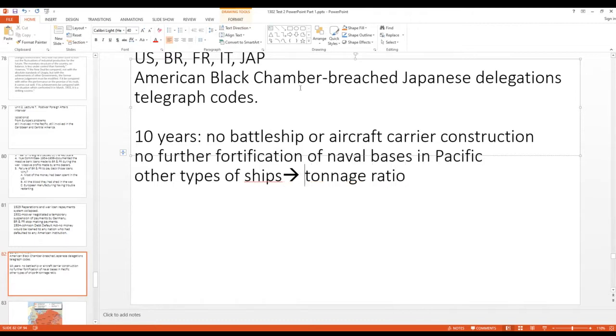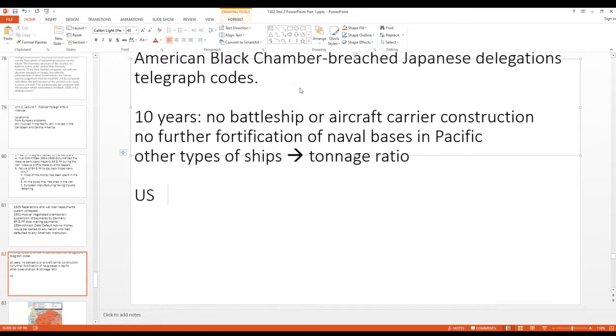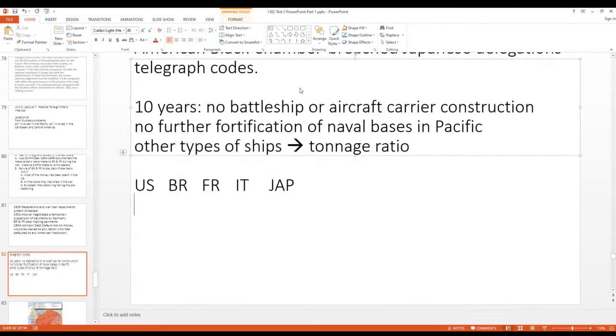So for every, let me go ahead and give you the numbers here. I don't know why I'm giving you the Italians, but I'll put it up there anyway. Now what? I forgot what France was. I think Italy was 1.5. I'm not even sure if Italy had a base in the Pacific.